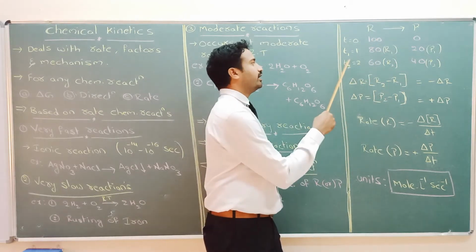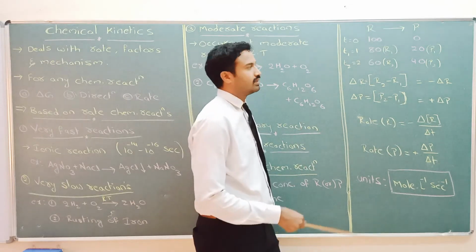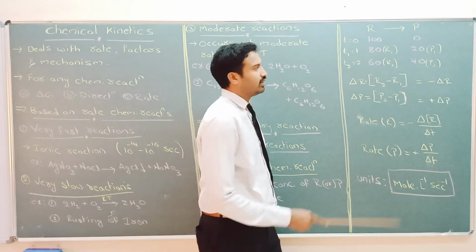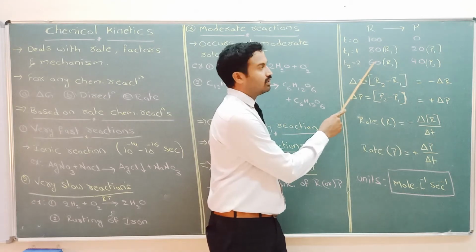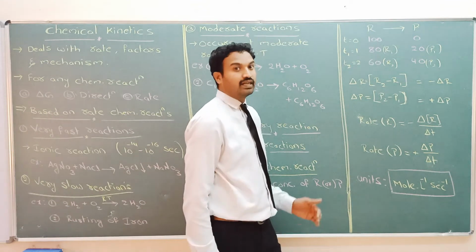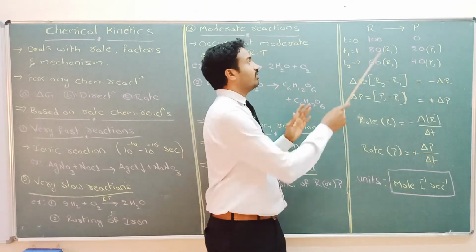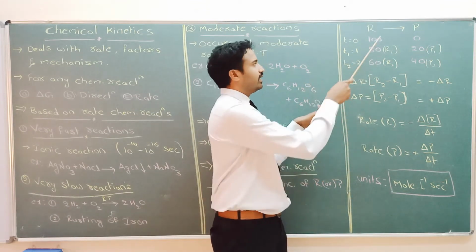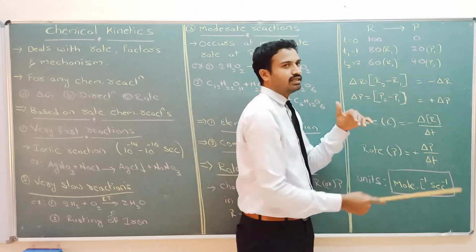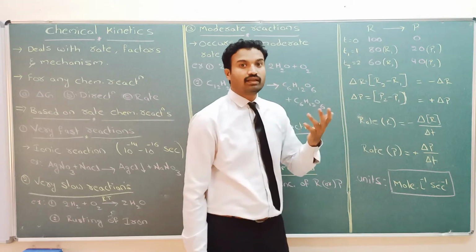Next, at T2, after 2 hours, reactant concentration is decreased to 60%, so 40% is product. If it is an irreversible reaction, with time reactant concentration reaches 0 and product concentration reaches 100.